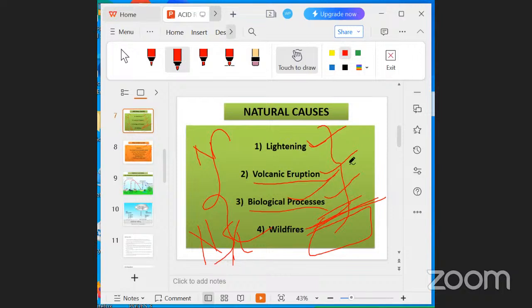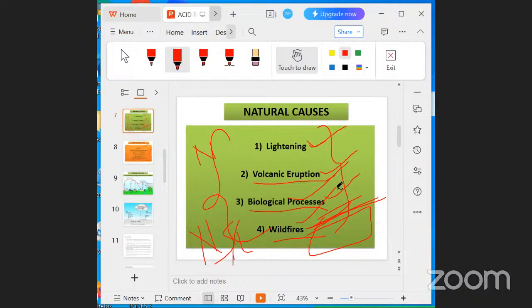And the third one is biological process. The biological processes that occur on land and in water bodies also generate acid-producing gases into the atmosphere. And the last one is wildfires. So wildfires, uncontrolled forest fires, right? Uncontrolled forest fires also release acid-producing gases. Okay.